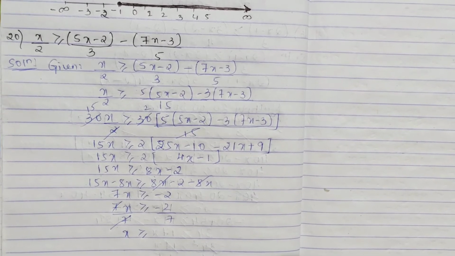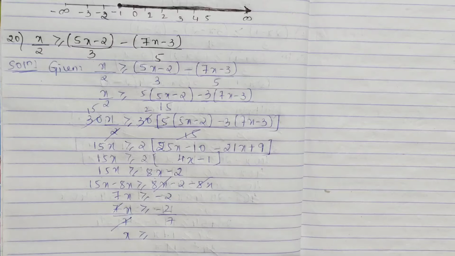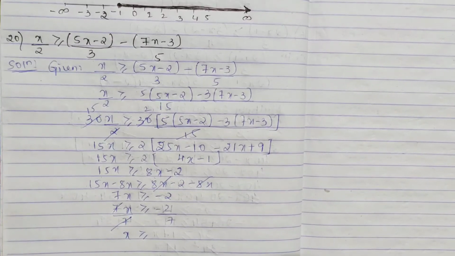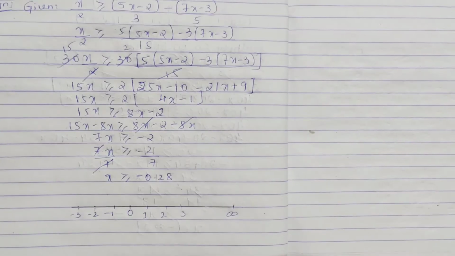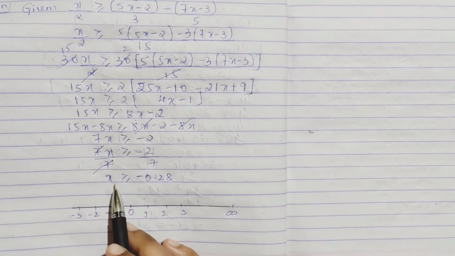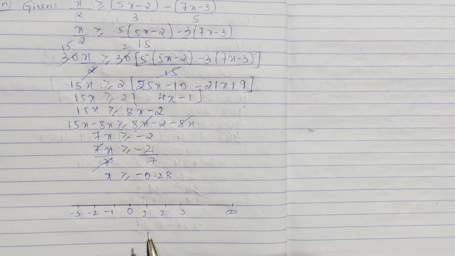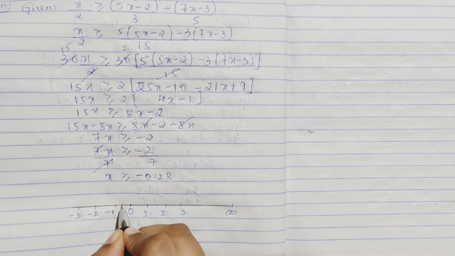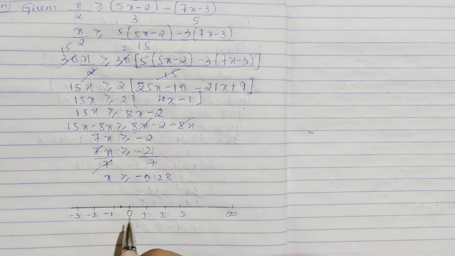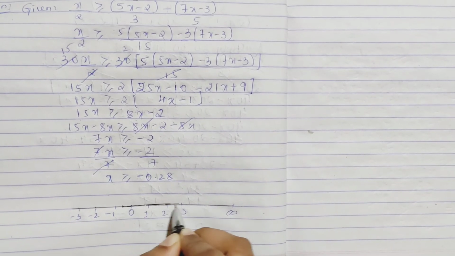Minus 2 by 7, how much will it be? I guess in decimals it comes to minus 0.28. So what it is telling, x is greater than or equal to minus 0.28. So suppose minus 0.28 is somewhere here. From here it is greater than, so it will be increasing up to where? Up to plus infinity, right?